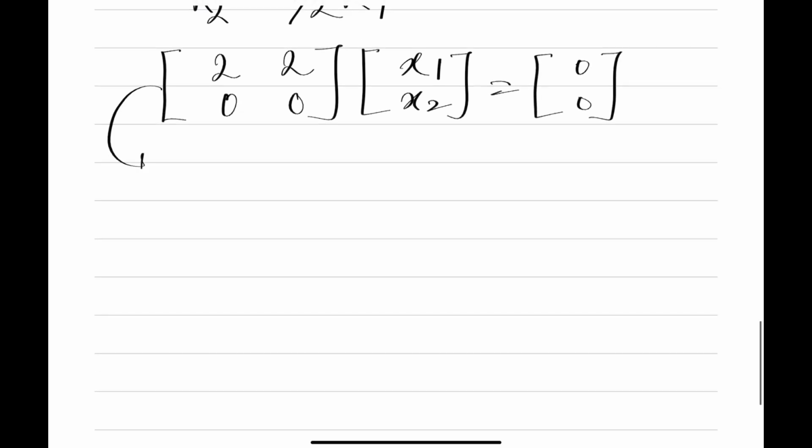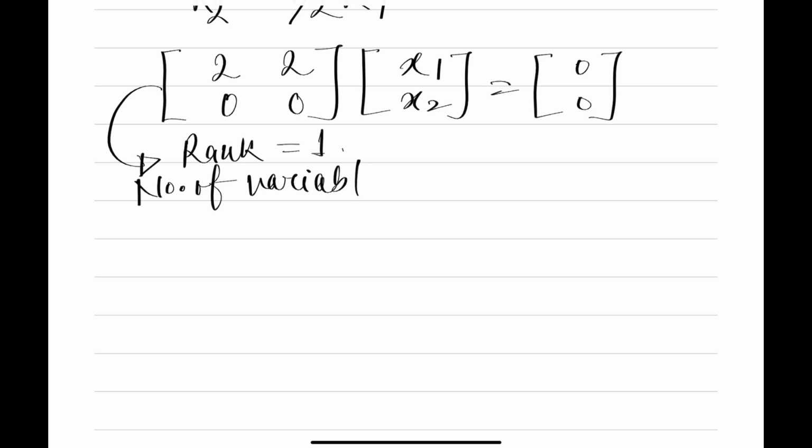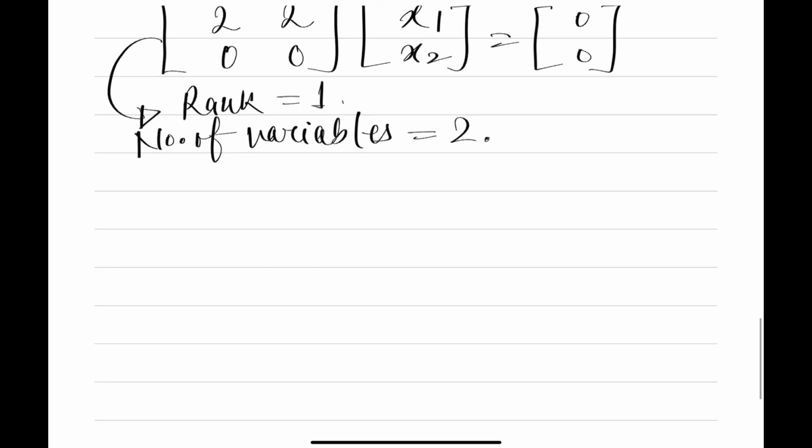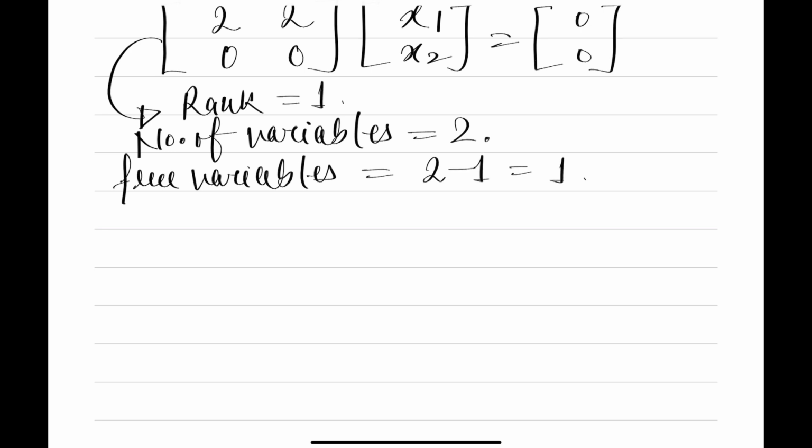Now this matrix has rank 1 and the number of variables is 2, and free variables are 2 minus 1, which is 1.